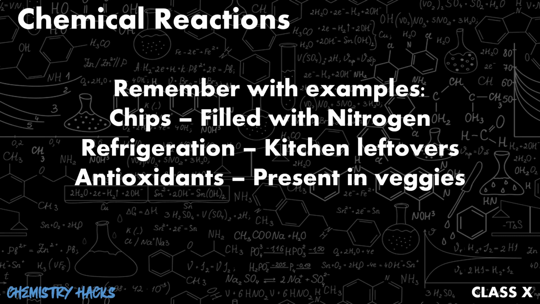And also using antioxidants, which are present in vegetables. They prevent the food from getting rancid as well. And also the last one is keeping the food item in airtight containers to prevent oxygen. So chip bags are filled with nitrogen. You can refrigerate the food. You can add antioxidants, or you can just keep it in airtight containers.